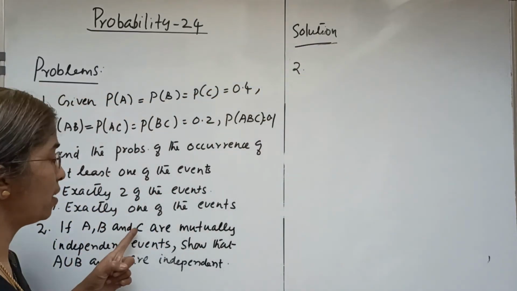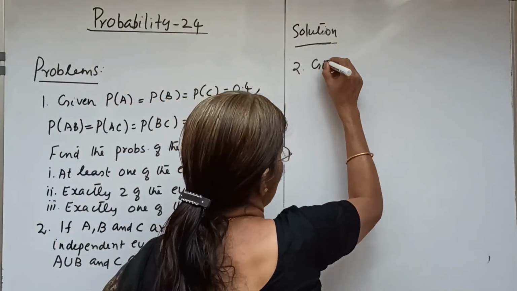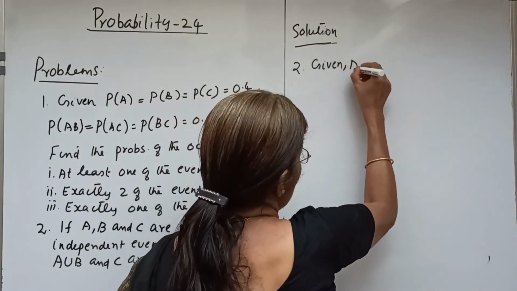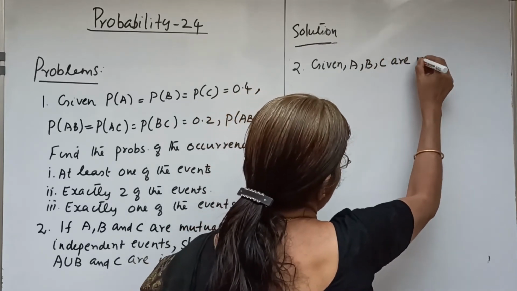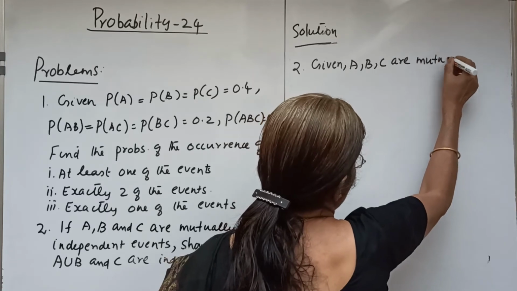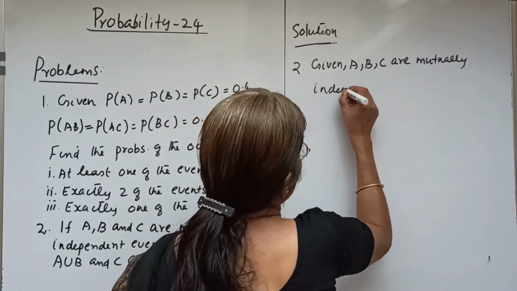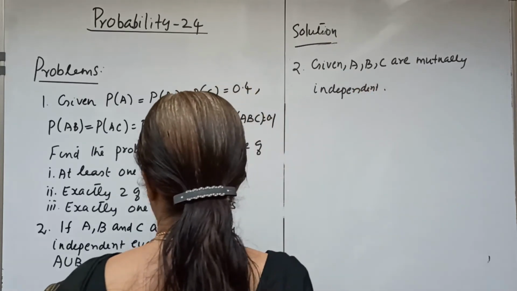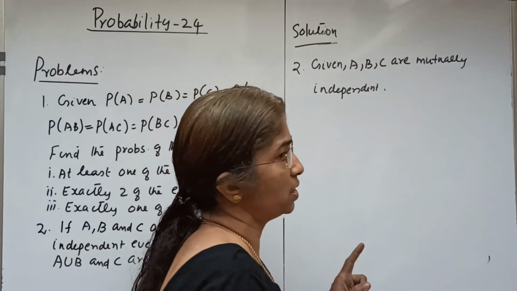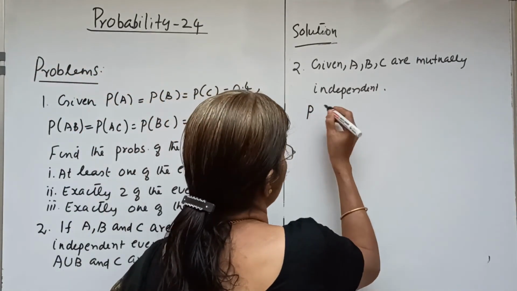That is, given the 3 events A, B, C are mutually independent, and we have to prove, show that A union B and C are independent. That is required to prove.